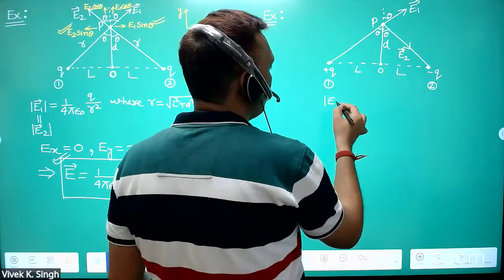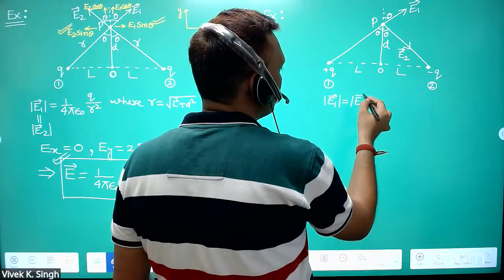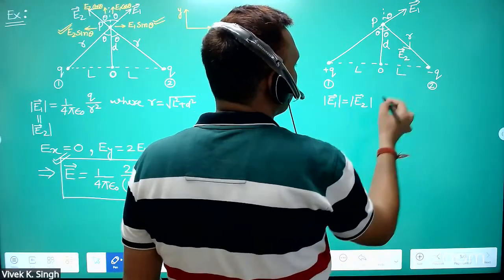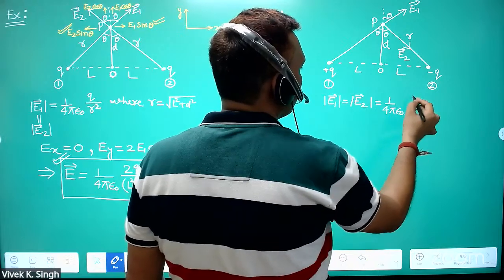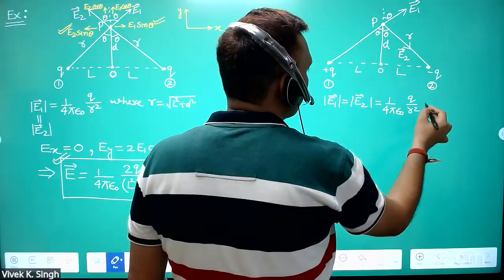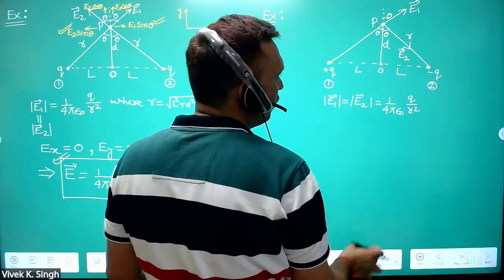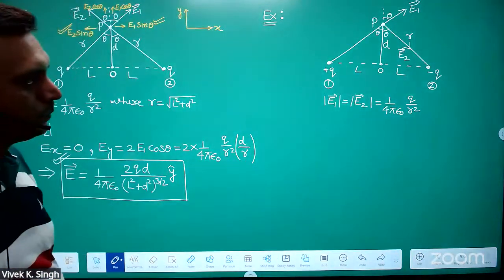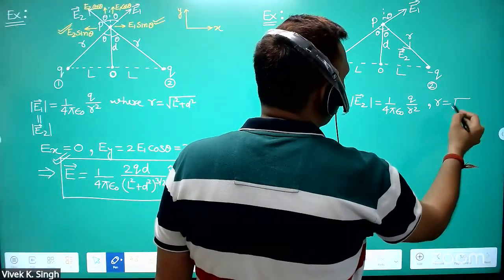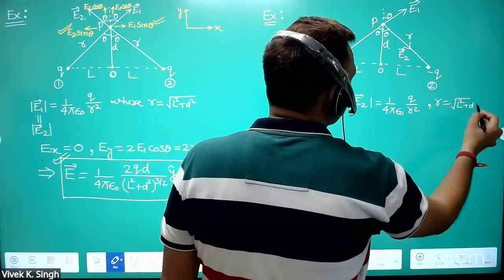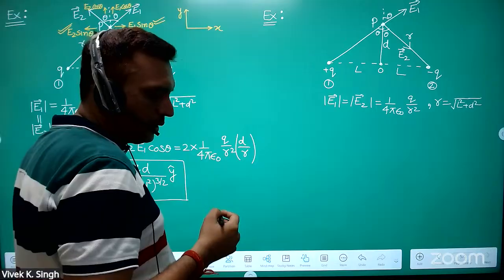So the magnitude of E1 is the same as the magnitude of E2. This is R. So 1 by 4 pi epsilon naught Q by R square R cap. Let's see the magnitude only, where R is under root L square plus D square.